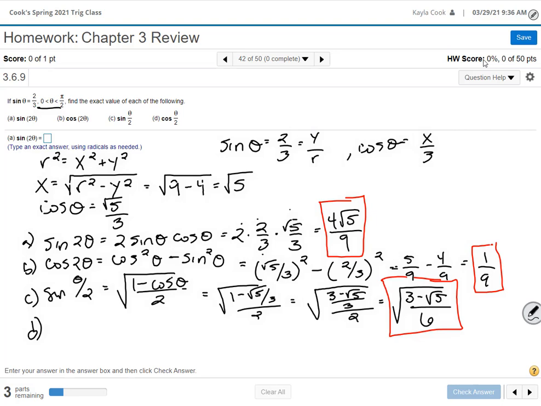So that gives me cosine theta over 2, and I believe all that's going to change here is I'm going to change all my minuses to pluses. Yeah. 1 plus root 5 over 3 divided by 2.